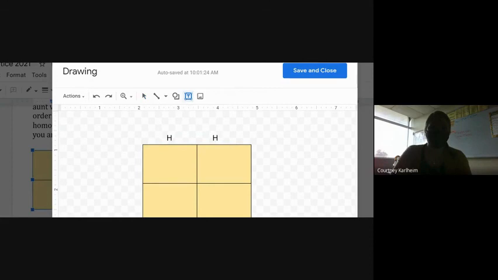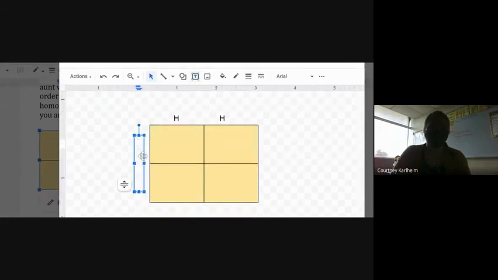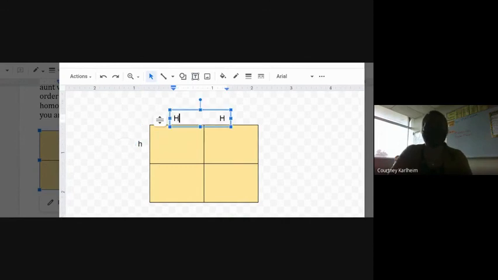And for each Punnett square, wherever you put the aunt, she's going to have 2 lowercase. Did I say H's or G's? It's supposed to be a G. Thank you. I just don't remember my letters.